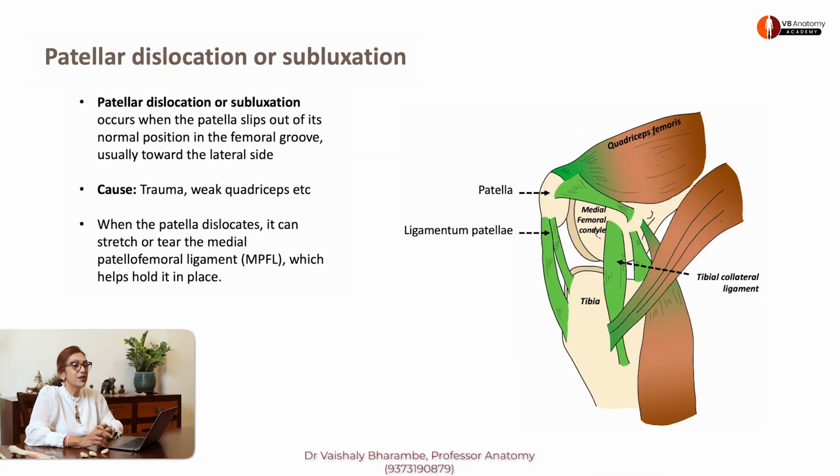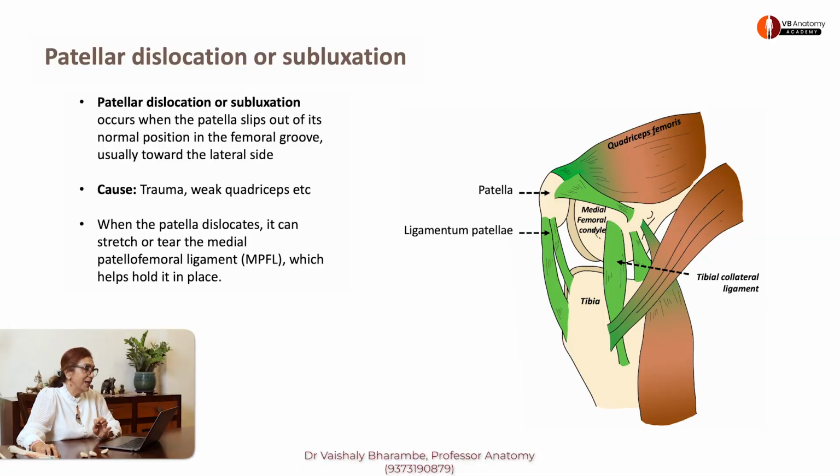Patellar dislocation or subluxation. Remember, this is a very important thing. We will need to discuss it. We've already touched on it earlier. We will touch on it again. So if you look carefully, patellar dislocation or subluxation occurs when patella slips out of the articular surface provided by the femur. Cause is trauma, weak quadriceps.